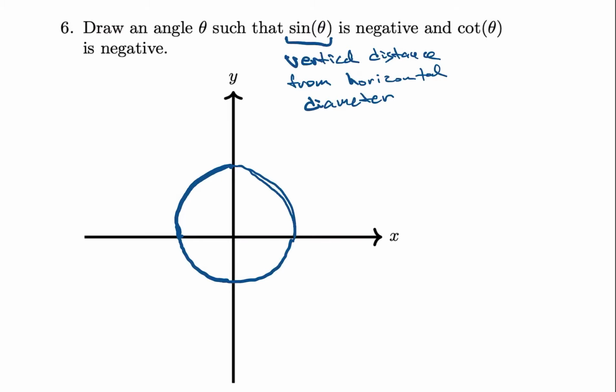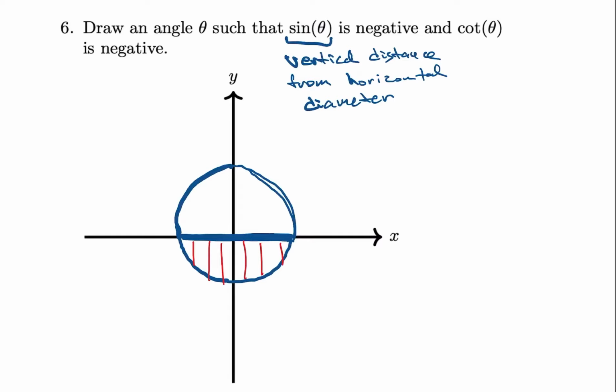So here we have the horizontal diameter, and the distance is negative. That means we have either the third or fourth quadrant. So all these distances are negative. So for our terminal ray, the angle must be in either the third or fourth.